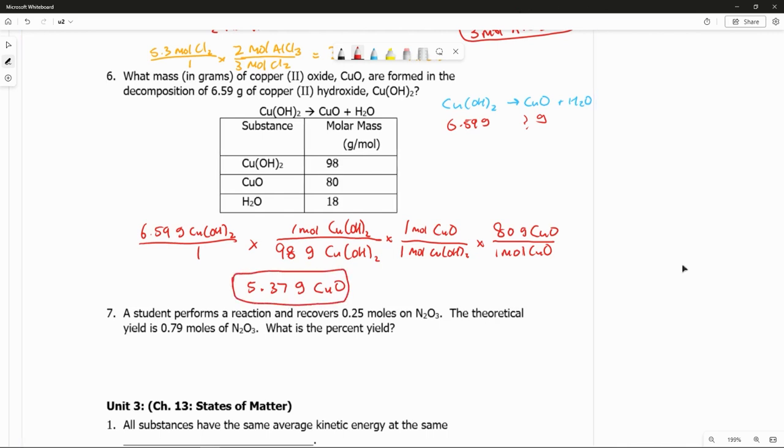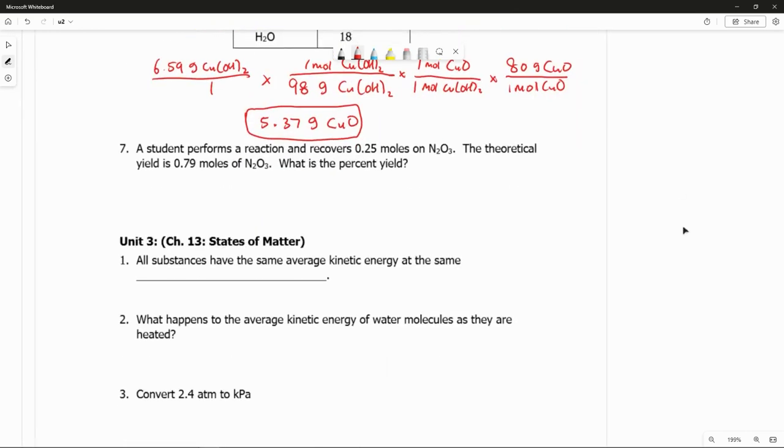All right, question 7, the last question. A student performs a reaction and recovers 0.25 moles of N2O3. The theoretical yield is 0.79 moles of N2O3. What is the percent yield? All right, so the equation for percent yield is going to be actual over theoretical times 100.